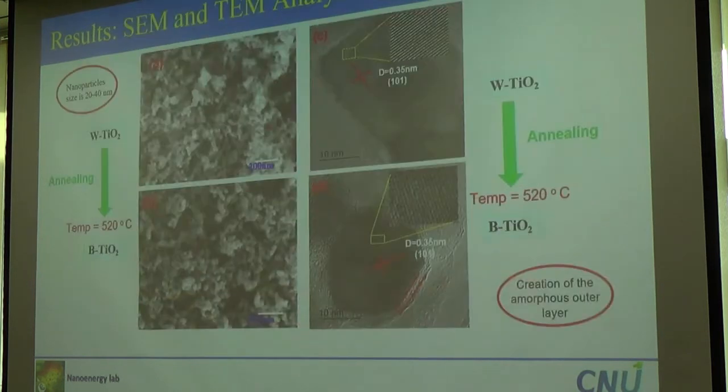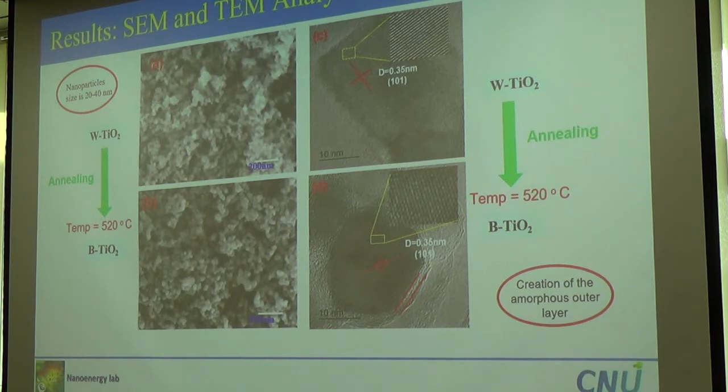The next one is the results for SEM and TEM analysis. For the SEM analysis, the particle size for the White and Black-titania is 20 to 40 nanometer. So it means that it is truly nanoparticle before and after annealing.